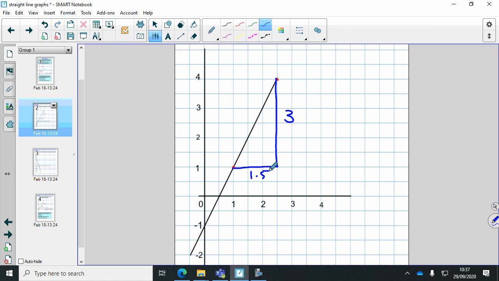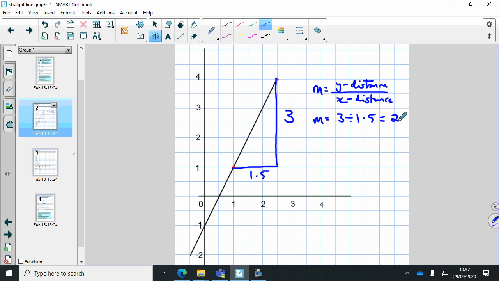So to calculate the gradient m, it's always the y distance in the triangle divided by the x distance in the triangle. So m is going to be equal to 3 divided by 1.5, which is equal to 2.